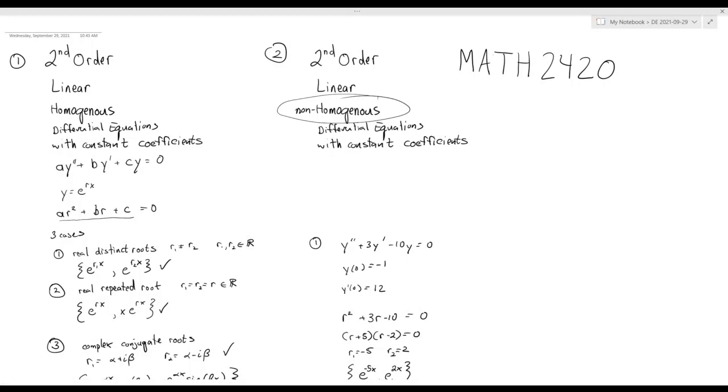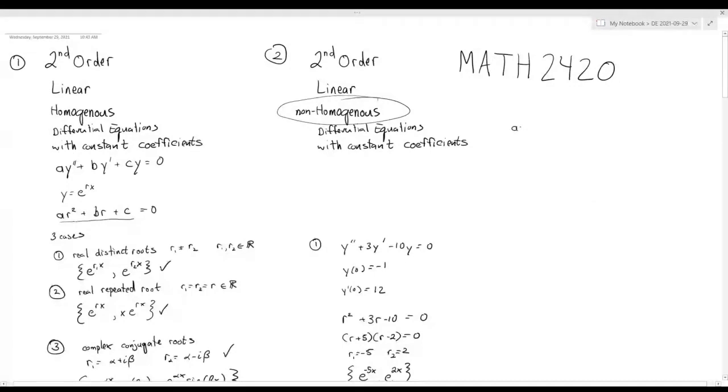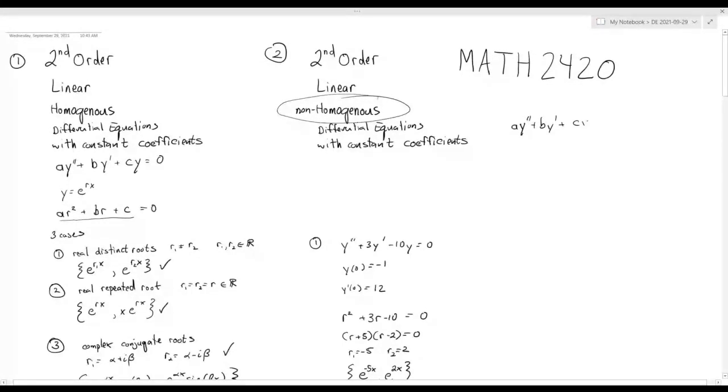In particular, the right-hand side will be of a particular form.